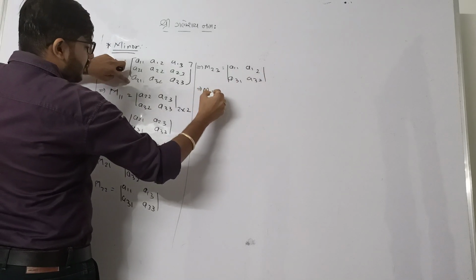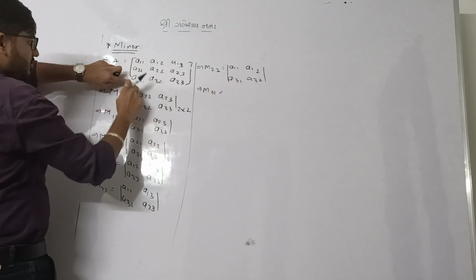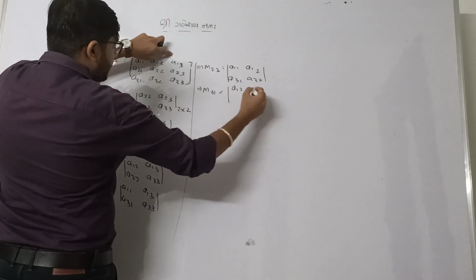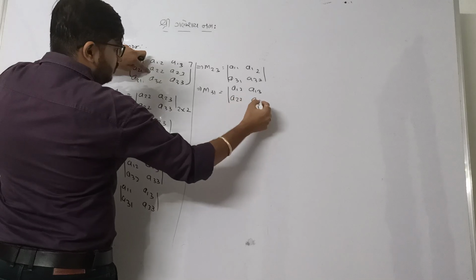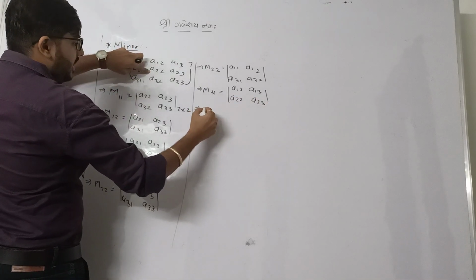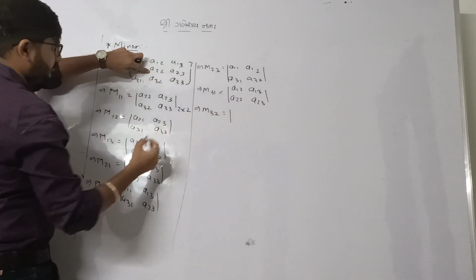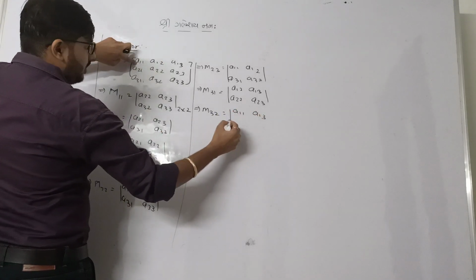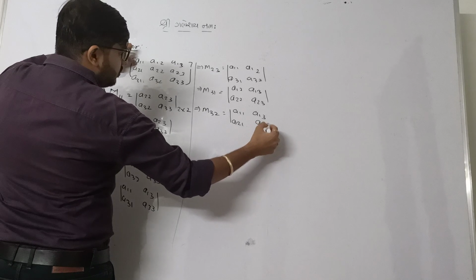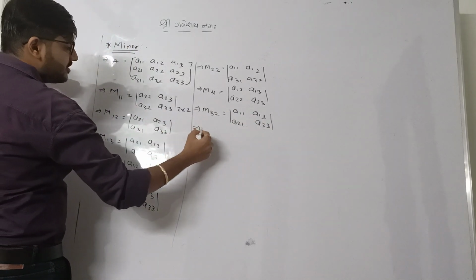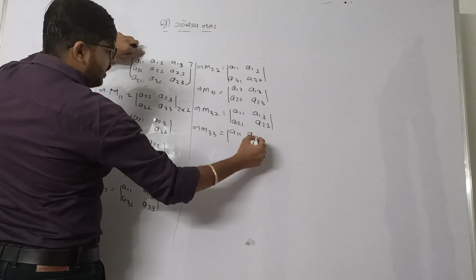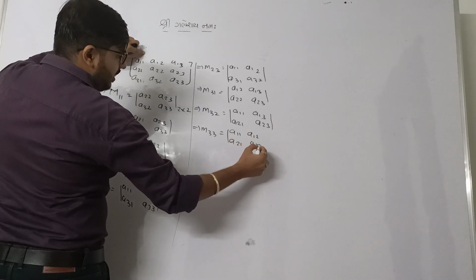Then M31, which is in the third row and first column, is A12, A13, A22, A23. Then M32 is A11, A13, A21, A23. And the last, M33, is A11, A12, A21 and A22.